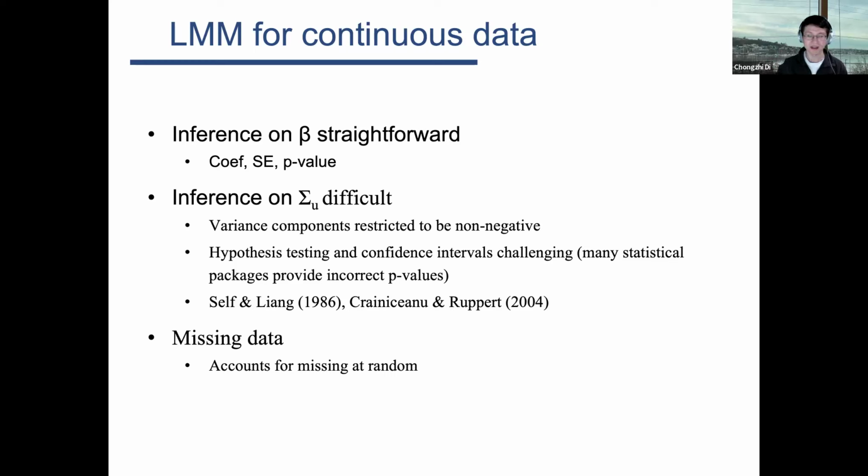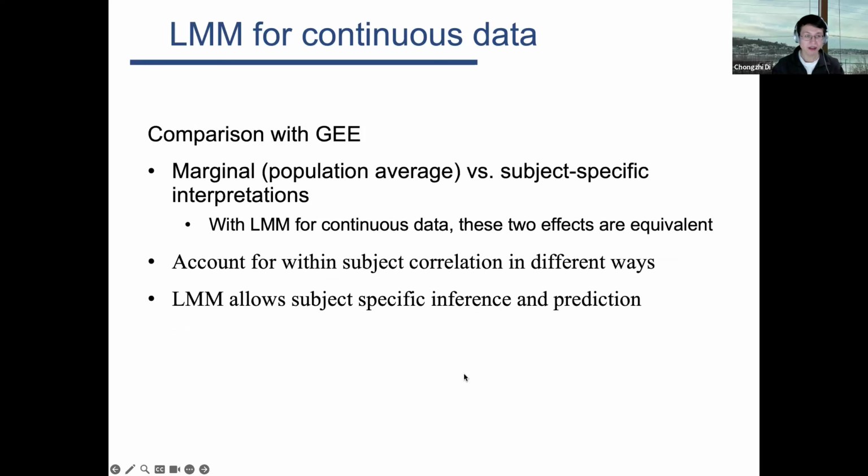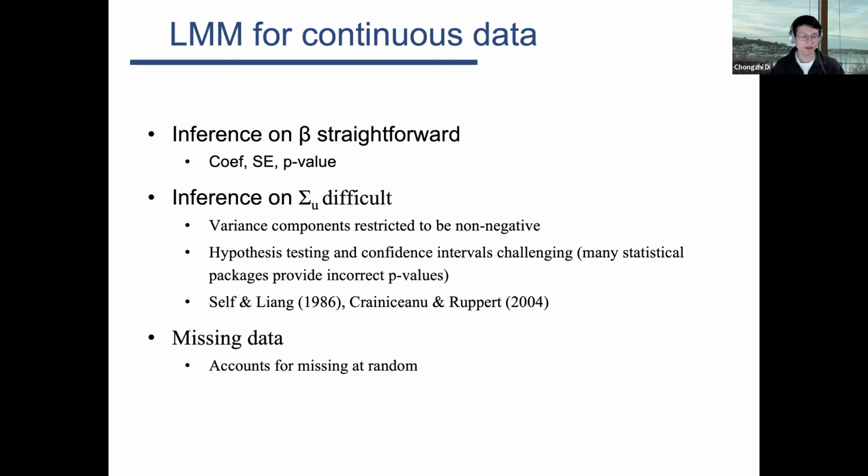If you are using something like bootstrap, I probably believe those p-values more. And finally, for linear mixed effects models, because we are using likelihood methods to do the estimation and inference, we can automatically account for missing at random.